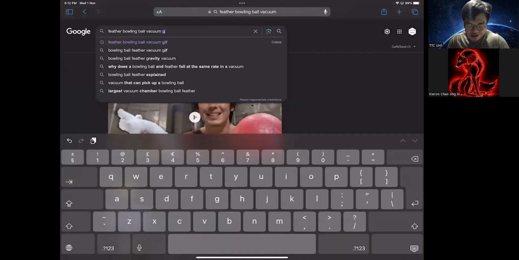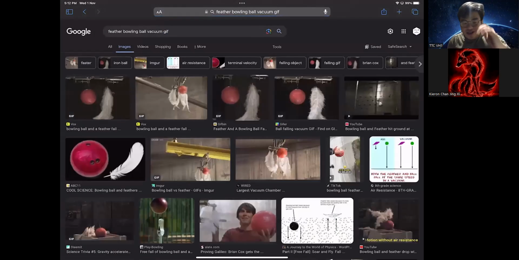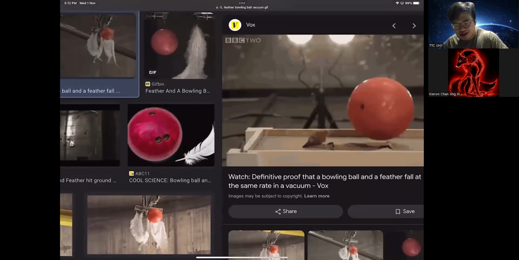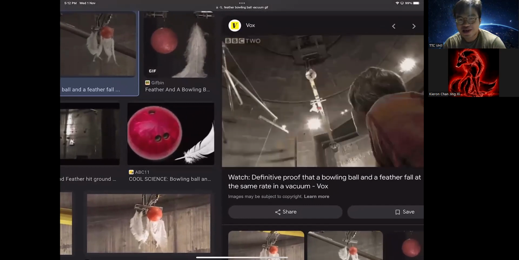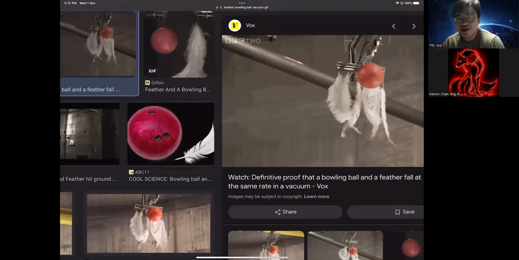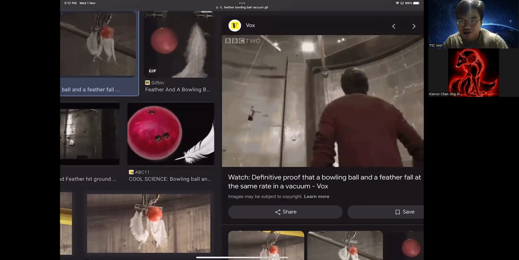Someone actually did this. And this makes a lot of sense. This is non-vacuum first. This is what our logic tells us. The ball will reach first, because of the air resistance.